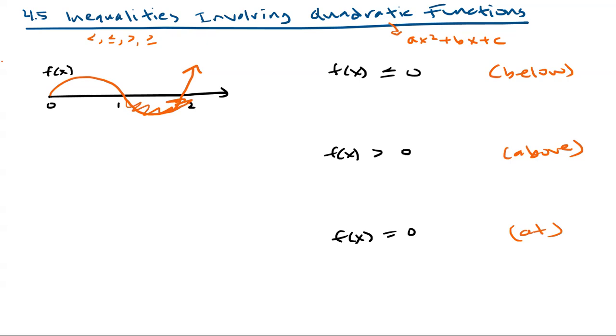Now we have to be careful because it says less than or equal to, so we also need to include the endpoints. In interval notation, I write from 1 to 2, and that's it. The swimmer is in the pool from 1 to 2.